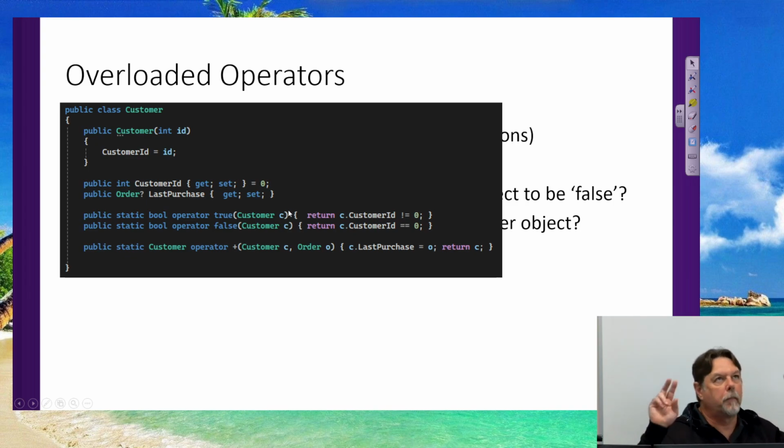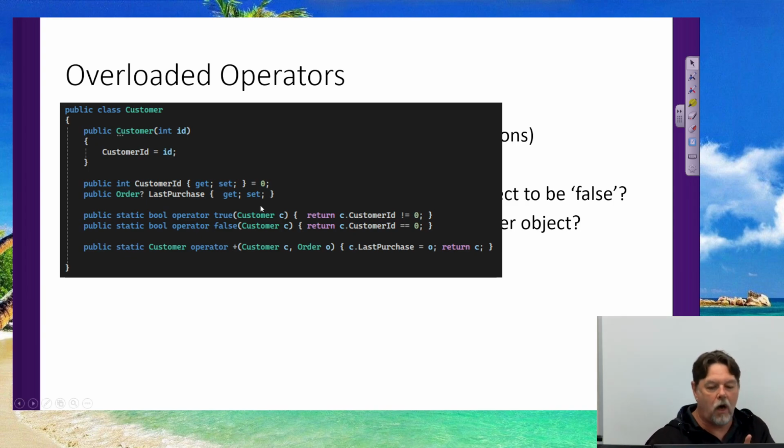In essence, we're passing an instance of a customer object, and we're asking, can you evaluate whether that's true? What we're going to define that to mean is, if the customer ID is not equal to 0, then the customer is true. If the customer ID is equal to 0, it's false.